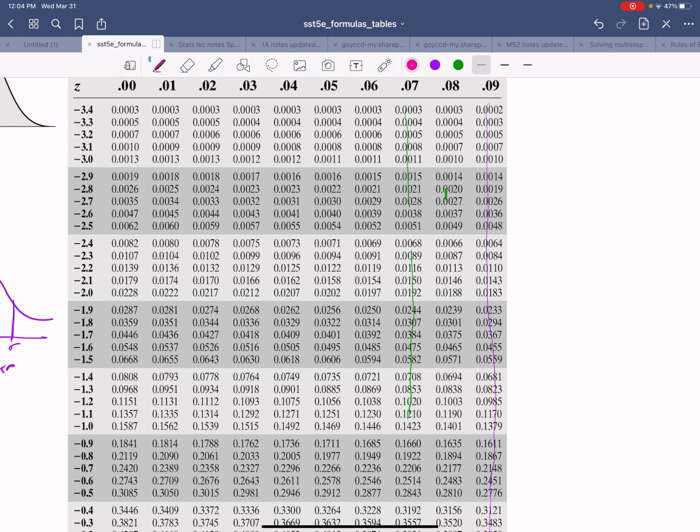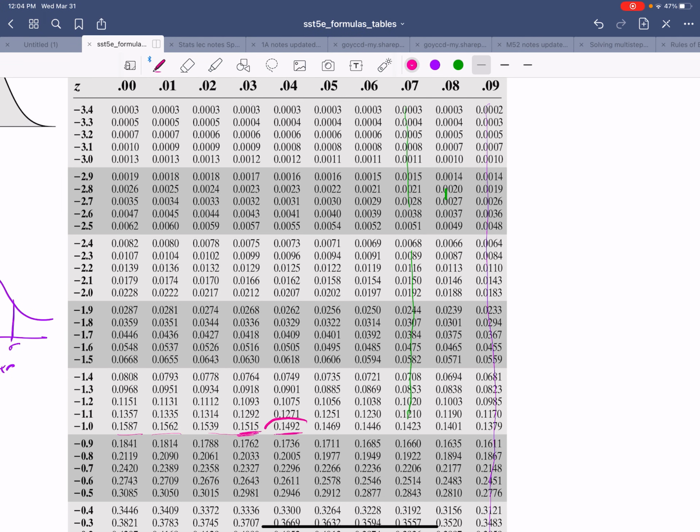0.15, so it's 13. 0.1587 is here, 0.1587, and 0.1515, 0.1492. Which one seems closer?